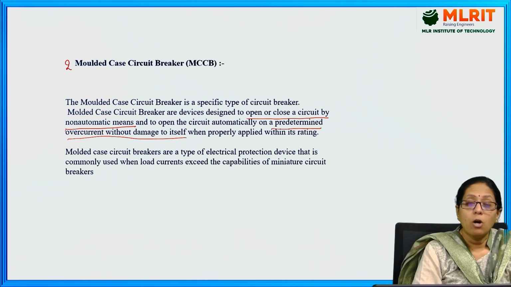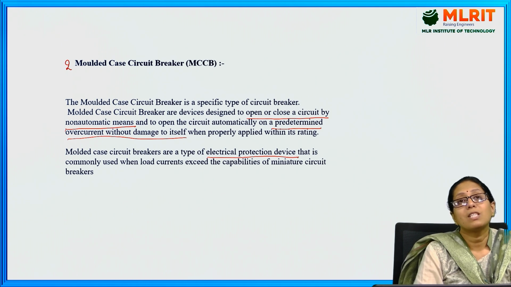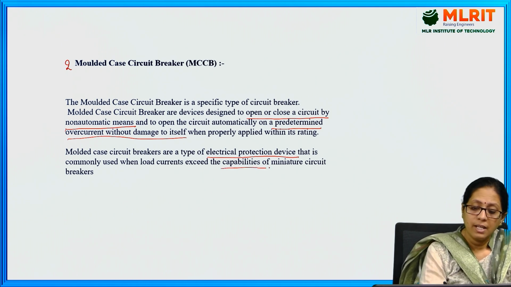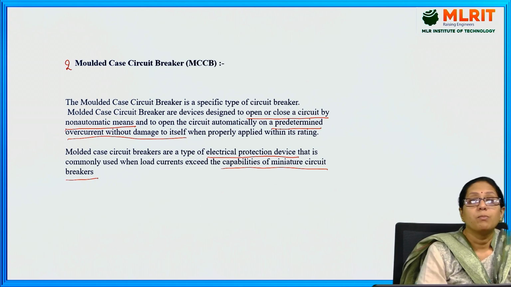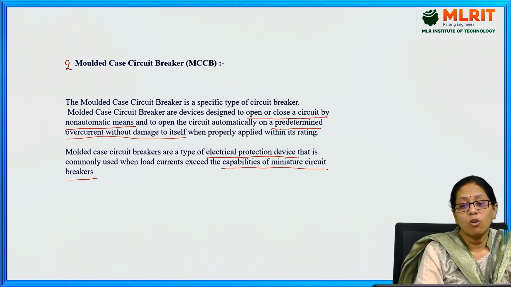non-automatically. Molded case circuit breakers are a type of electrical protection device that is commonly used when the load current exceeds the capacity of the MCBs. So for small loads we will be using these MCBs, for higher loads we will be using MCCB.